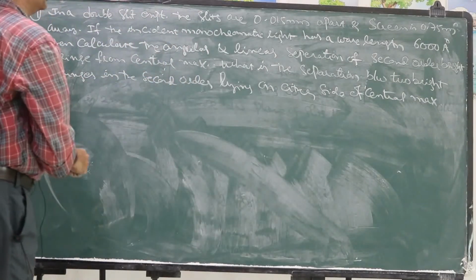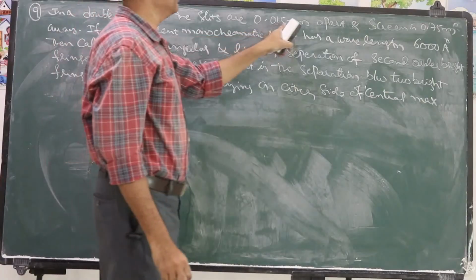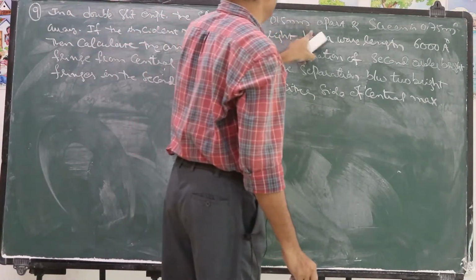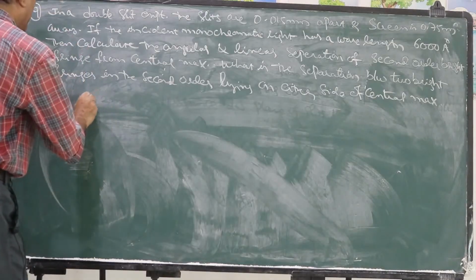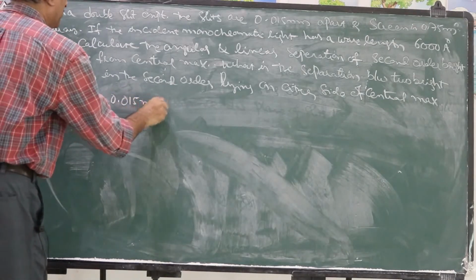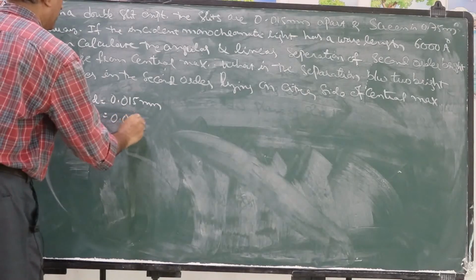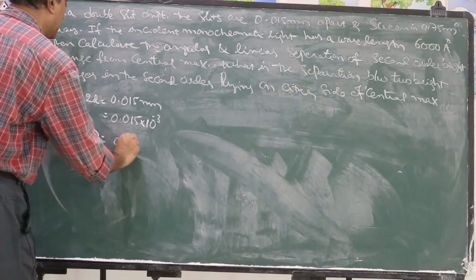Now in this question, in a double slit experiment, the slits are 0.015 millimeter apart and the screen is 0.75 meter away. So given 2d is equal to 0.015 mm, that is 0.015 × 10 power minus 3, and capital D is 0.75 meter.